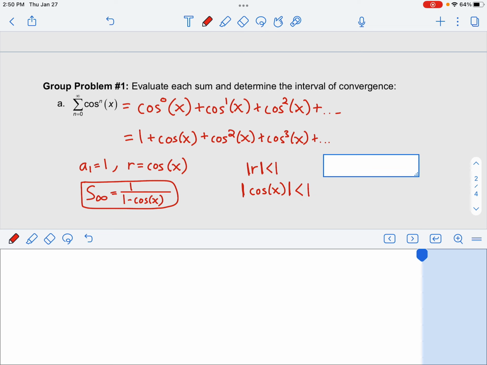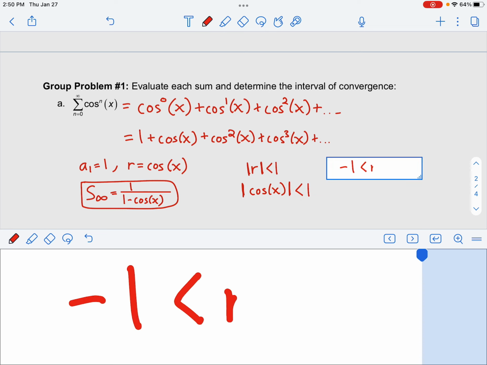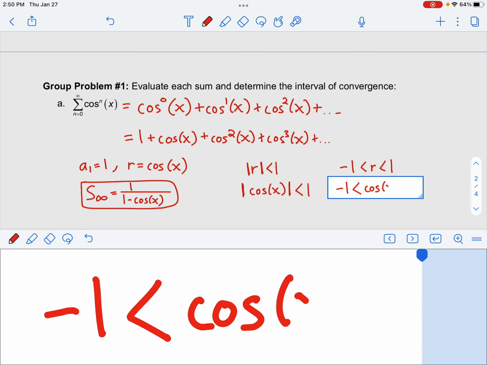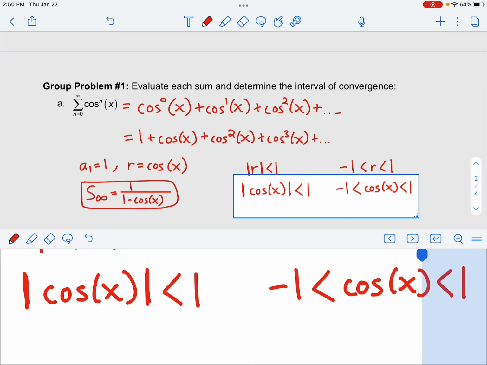If we think about it like the last one in terms of an interval, r has to be between -1 and 1, and so cosine has to be between -1 and 1. So what values of x make cosine between -1 and 1?